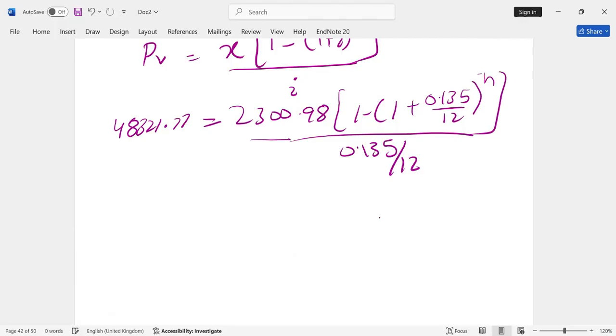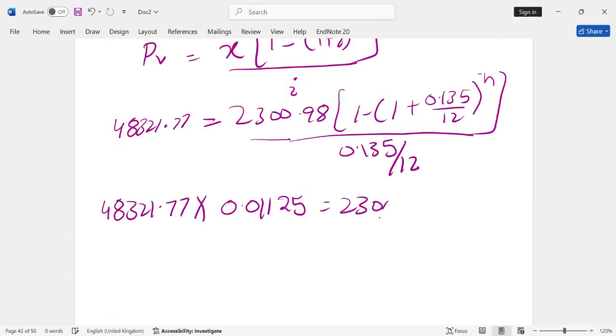I'm just solving this and multiplying with this value over here: 48,321.77 multiplied by 0.01125 equals 2,300.98 into 1 minus 1.01125 power of minus n.